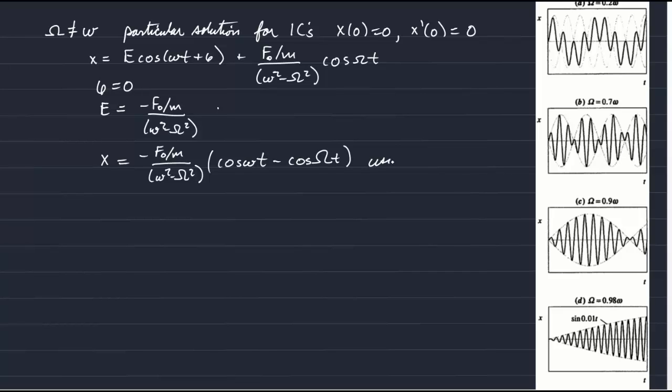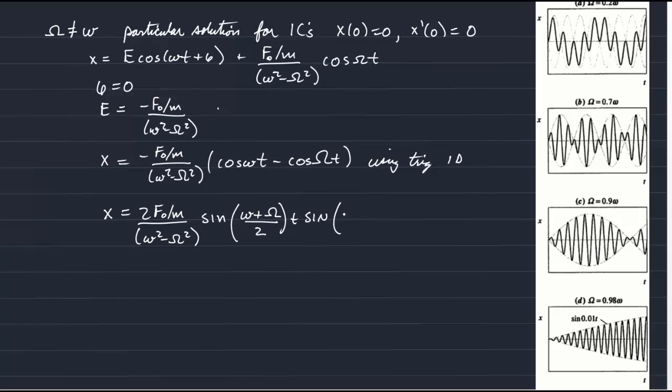Using a trig identity that relates the sum of two cosines to the product of two sines, we get that x is equal to 2 F naught over m, all over the difference in the squares of our frequencies, times a sine function whose frequency is the average of our natural and our driving frequency, and a sine function whose frequency is equal to half the difference of our natural and driving frequency, times t.